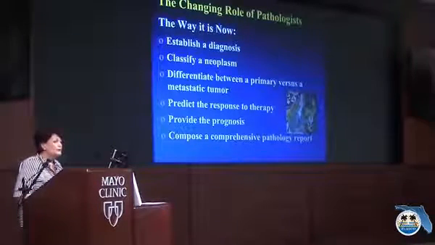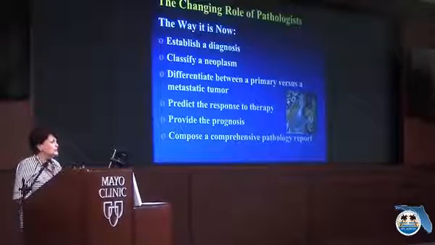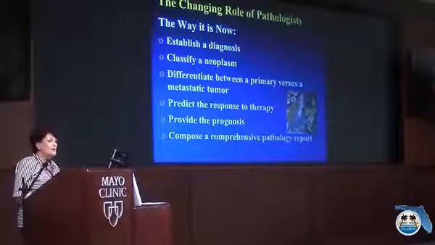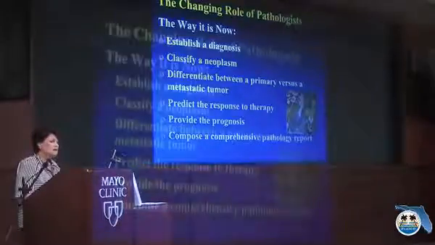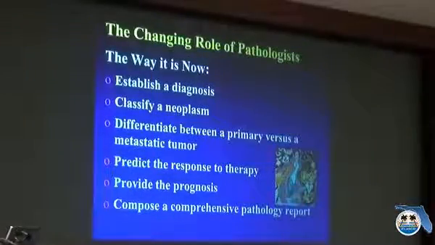So what do we need to do? Right now, the expectation of our scientific community and patients is that we need to not only establish a diagnosis, but determine whether this is a benign or a neoplastic process. When we make that distinction, then we need to establish a diagnosis and classify the neoplasm.